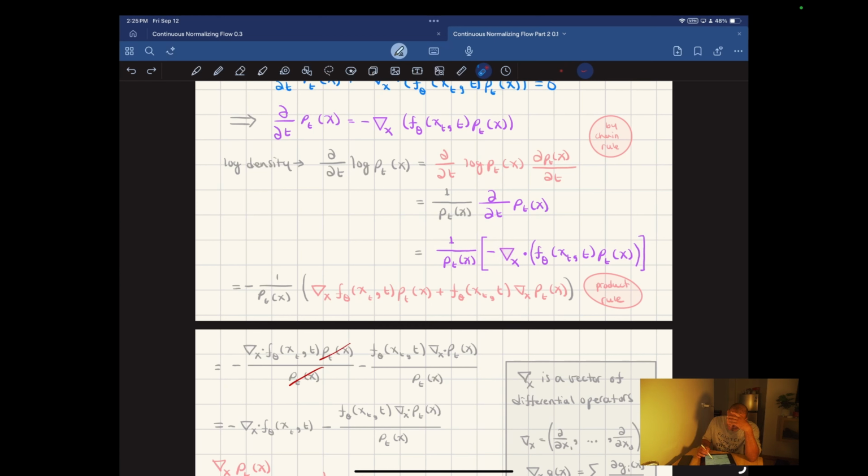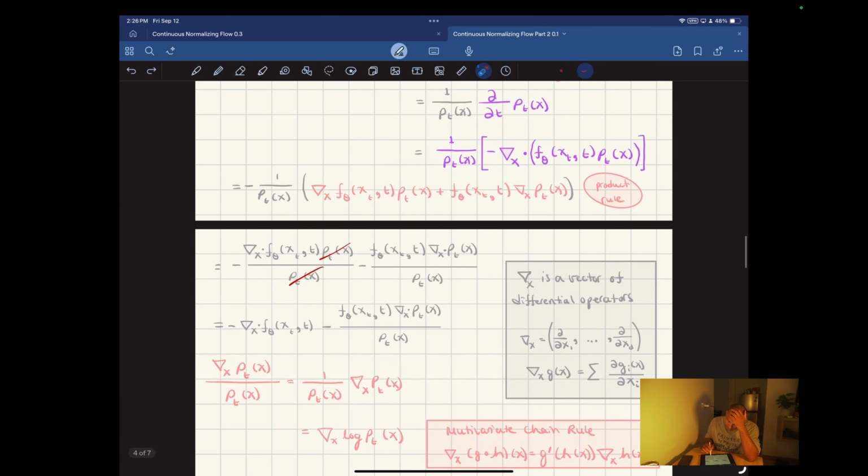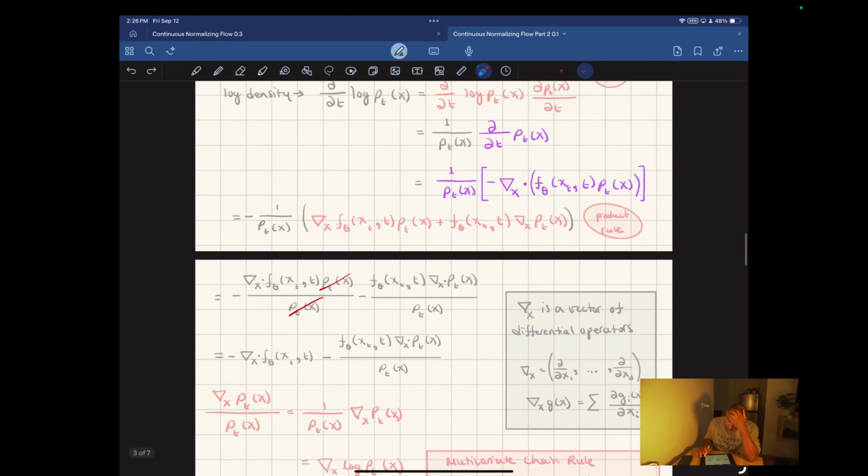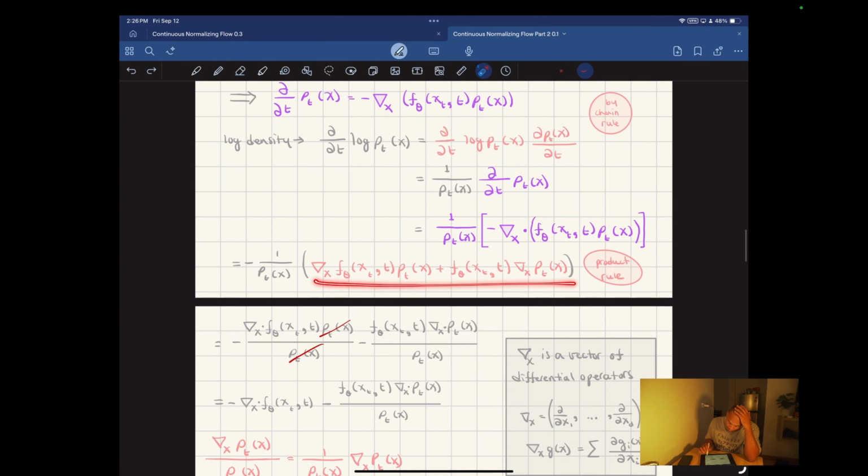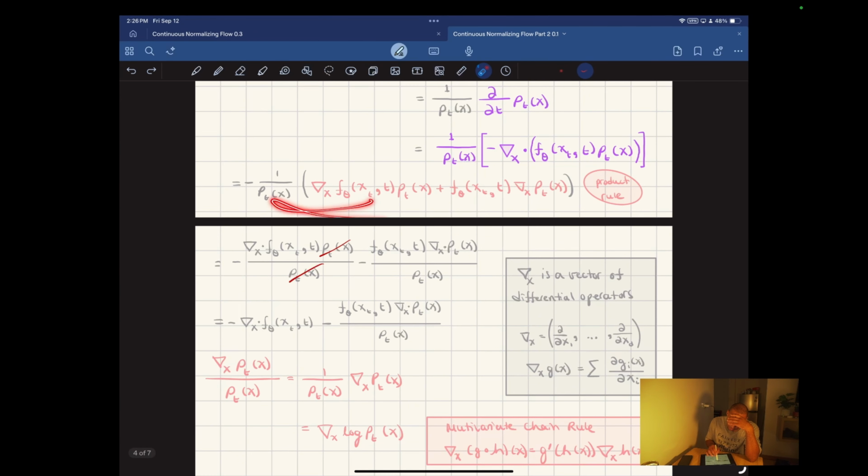This nabla acts as a vector, and this is a dot product, right? It's a vector of gradient differential operators. It's literally a vector of partial derivatives. So by the product rule, this is just vector calculus, this is equal to this. And then we just bring this through. This cancels. We write it down here.